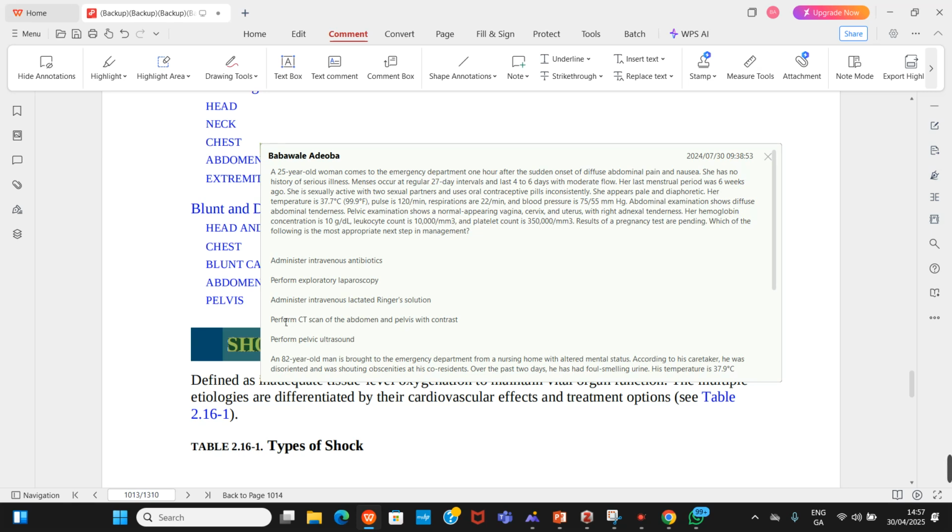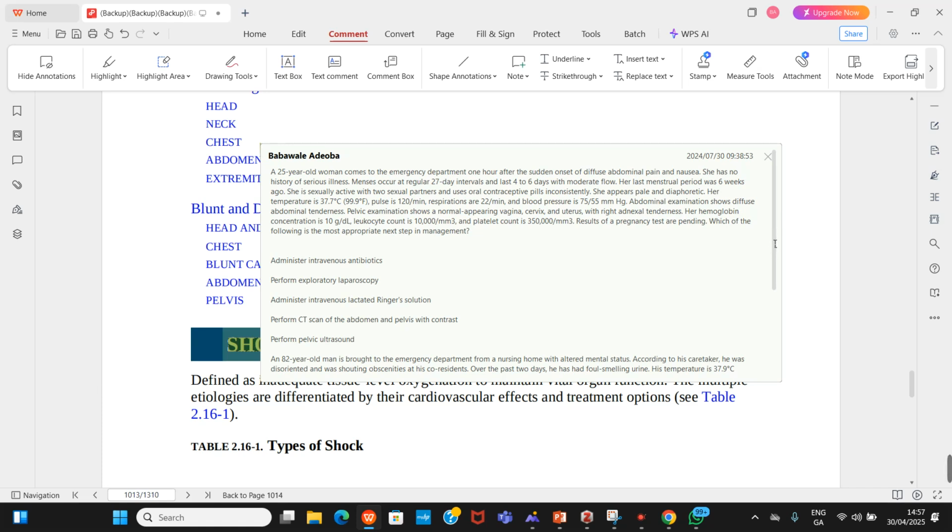Pulse is 120. Respiration 22. Blood pressure is 75/55. Abdominal examination shows diffuse abdominal tenderness. Pelvic examination shows a normal appearing vagina, cervix, and uterus with right adnexal tenderness. Hemoglobin concentration is 10. Leukocyte count is 100,000. Platelet is 350,000. Result of pregnancy test are pending. Which of the following is the most appropriate next step in management?